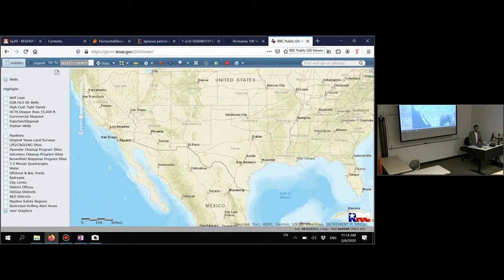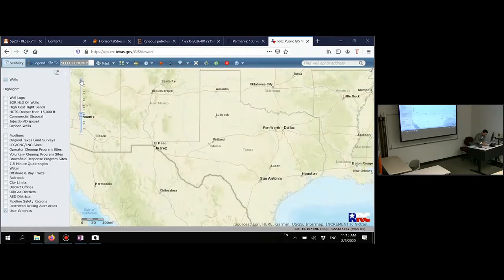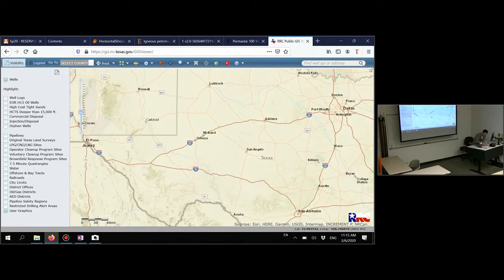That was really fantastic. It was a game changer. And here you have something similar, which is relatively new. I think this was put in the last 5 years. So we're going to zoom in on the state of Texas and get closer to the Permian Basin.